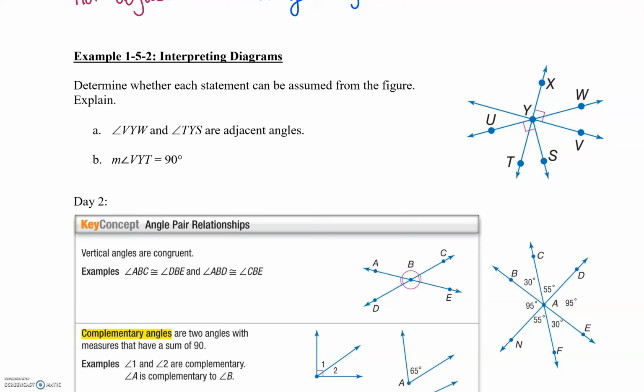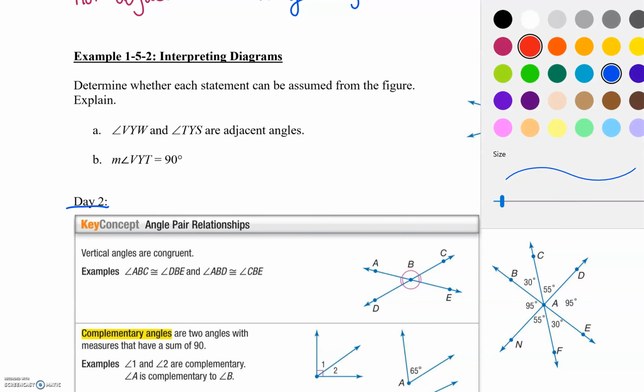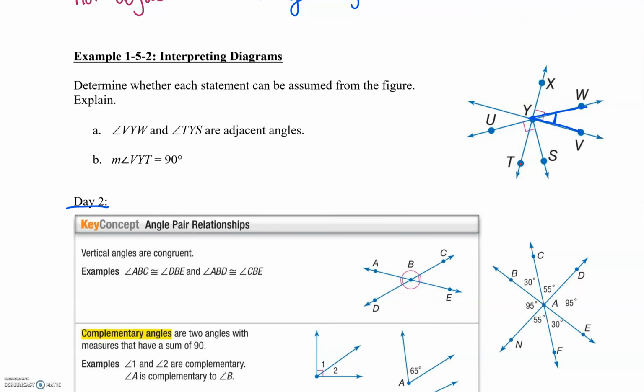Okay, this is our last example here, and then this will be day 2. Determine whether each statement can be assumed from the figure. Explain. So, and we're going to label it. We're going to start at V, go to Y, go to W, this angle here, and angle TYS.